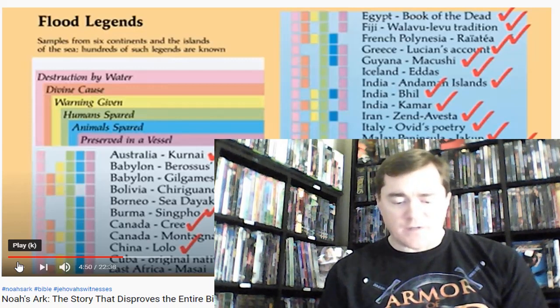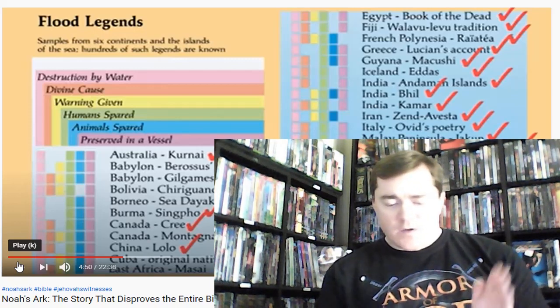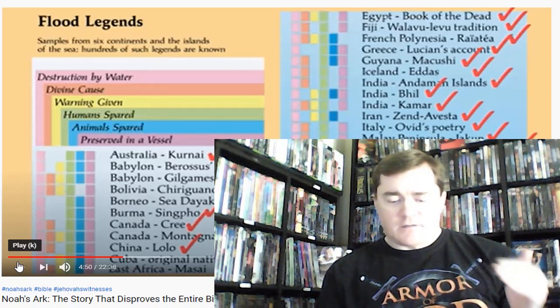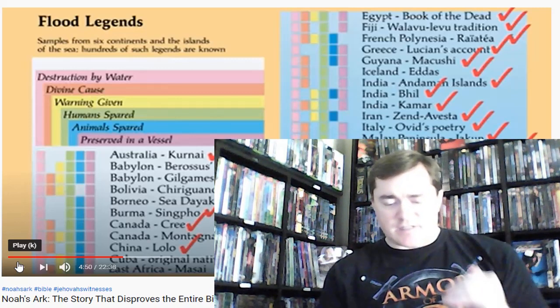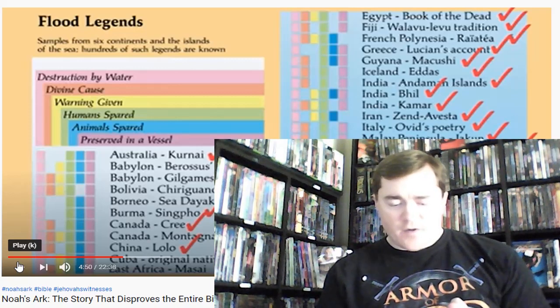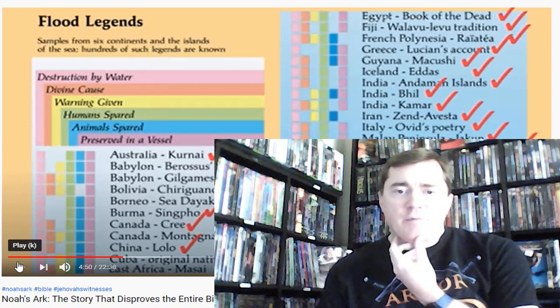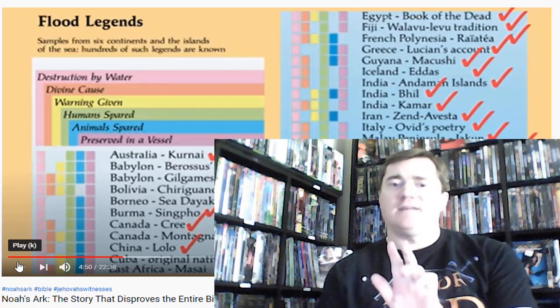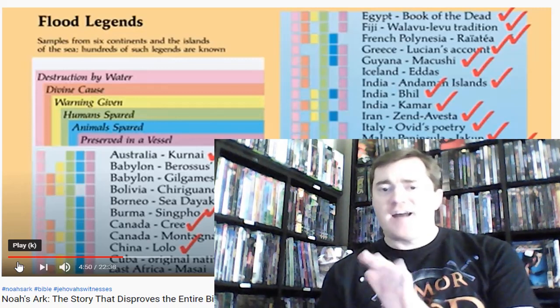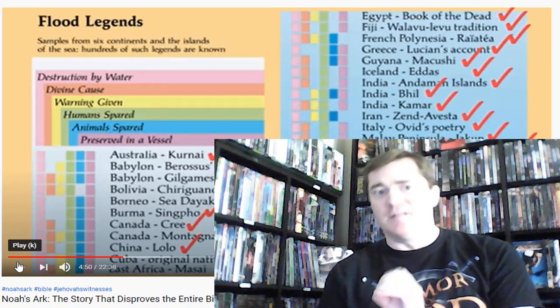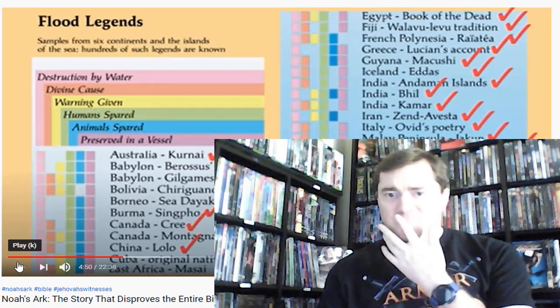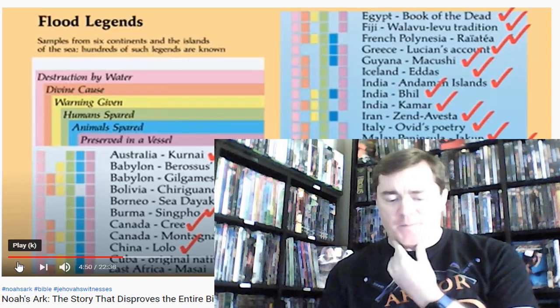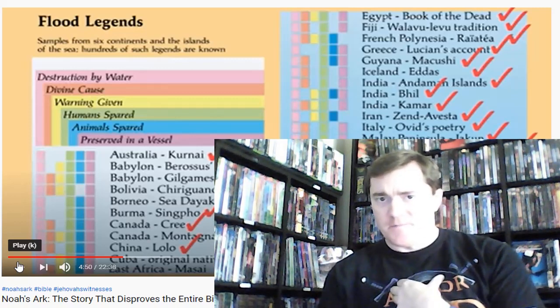They're out in the middle of the desert. So how would a people living in the U.S. state of Arizona and the Mexican state of Sonora know about a flood legend? And more to the point, how would they have had 5 of the 6 things in common with a flood legend? The only thing they didn't have was a divine cause. Answer me that one. That's what I want to know.